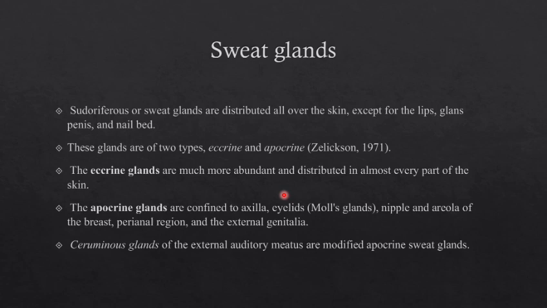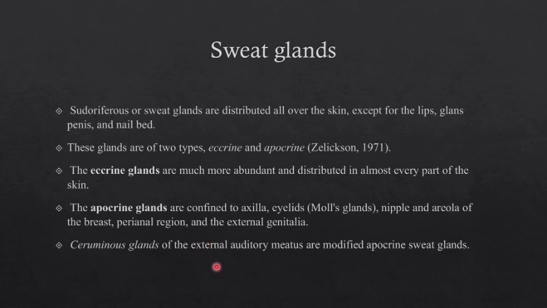Apocrine glands are confined to some parts only, like the axilla, eyelids, nipple, areola of the breast, perineal region and external genitalia.